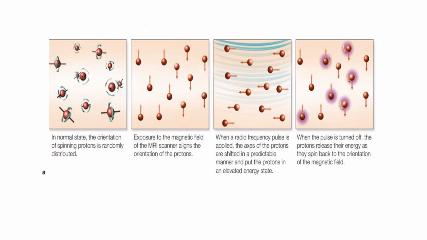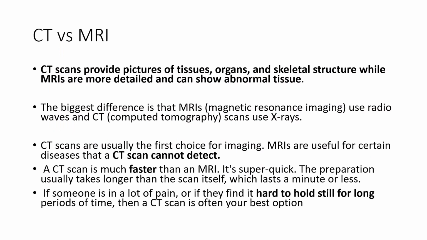Then, when we stop giving the radio waves, the energy is dissipated by rebounding back to their orientation. Once the rebound happens, these dissipated energy signals are detected by the MRI machine and then converted into an image of the brain. This is how the MRI works, or the mechanism of MRI.